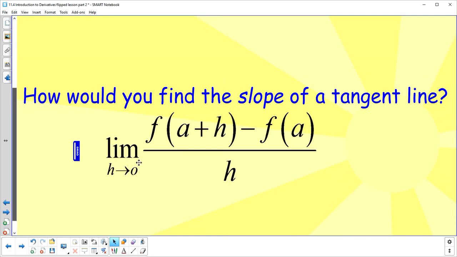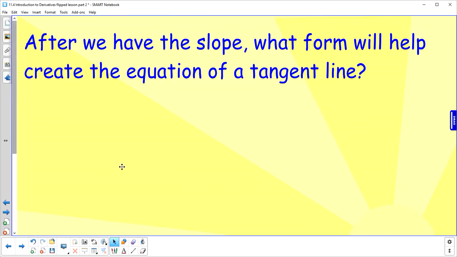So by taking the limit and saying that h is approaching 0, we're essentially taking 2 points and making them so infinitesimally close that they are the same point, and therefore we can use the formula for slope because we have 2 points even though they're infinitesimally close and find the slope.